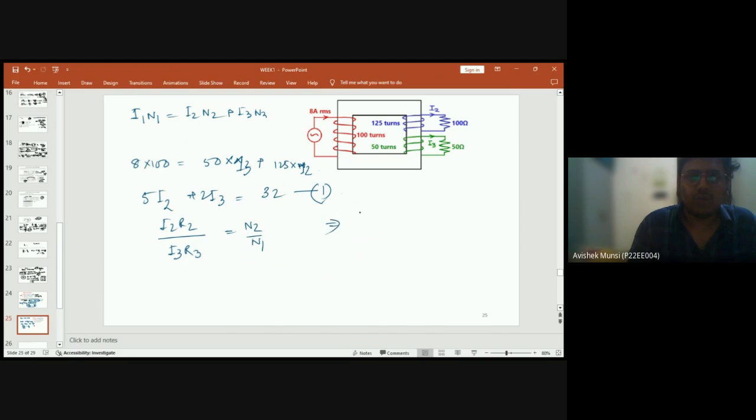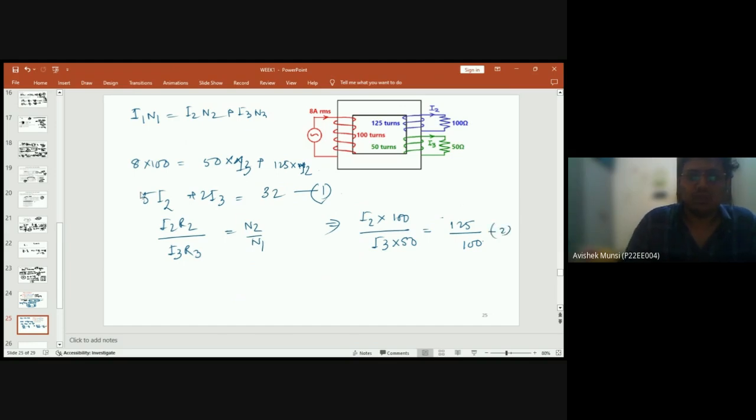Put the value, R2 is 100, I3 into 50, that is equal to, fine.